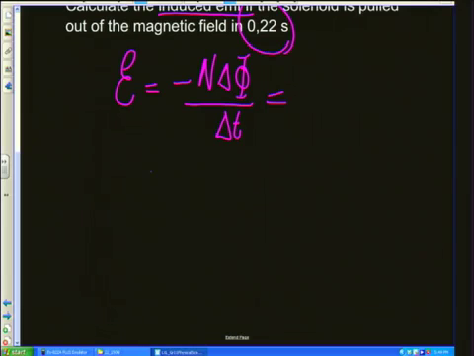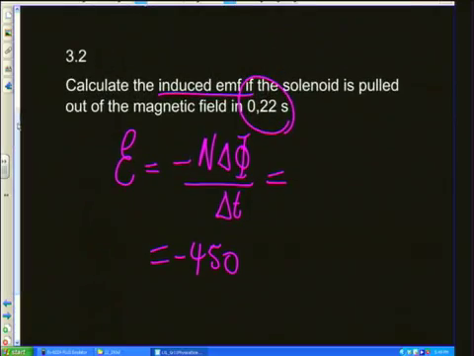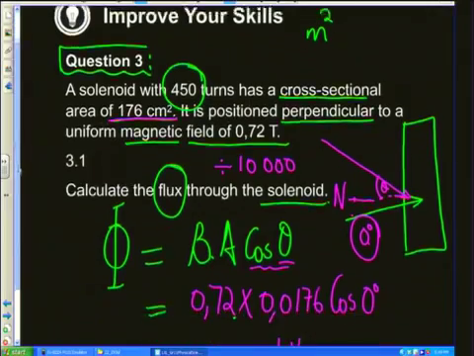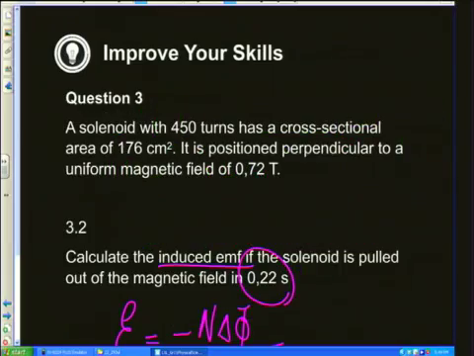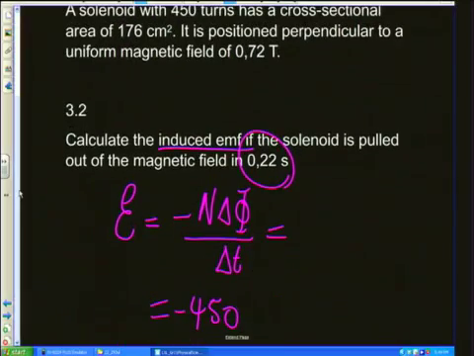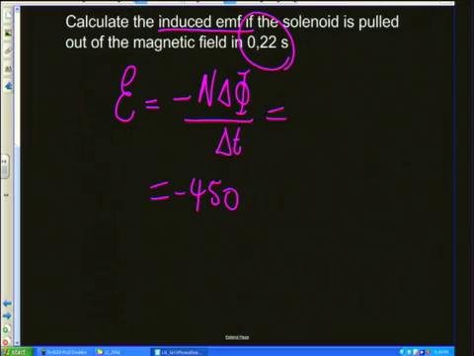We are told that the number of turns is 450. So this will be minus 450 turns times the change in flux. What is our flux from our calculation here? It's 0.0127. So when the solenoid goes in and comes out, the flux goes from a value to a final value of 0 Weber.